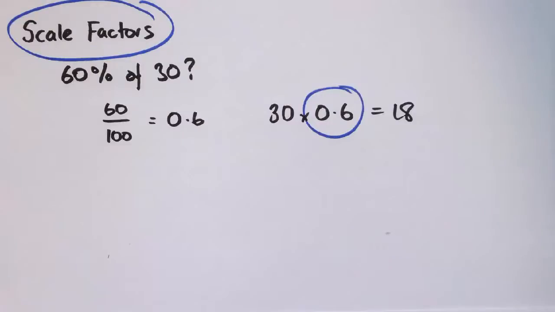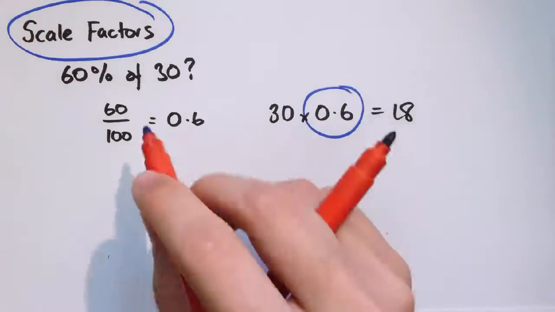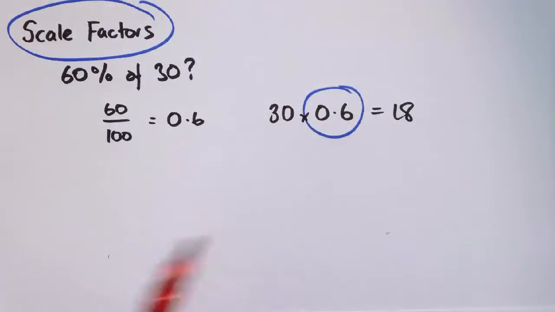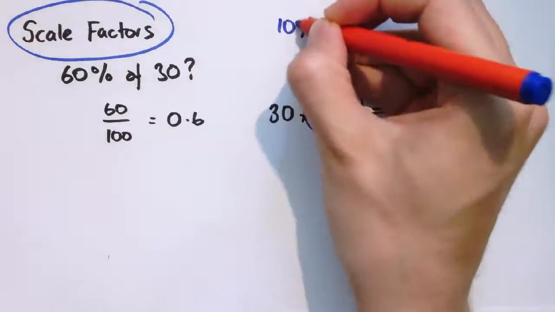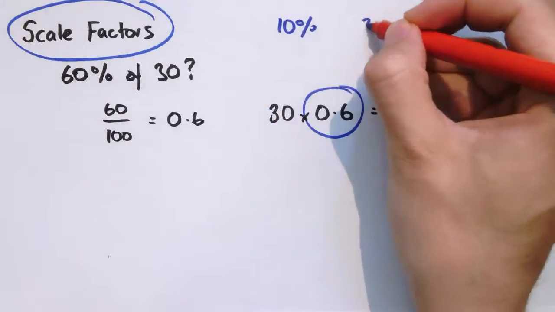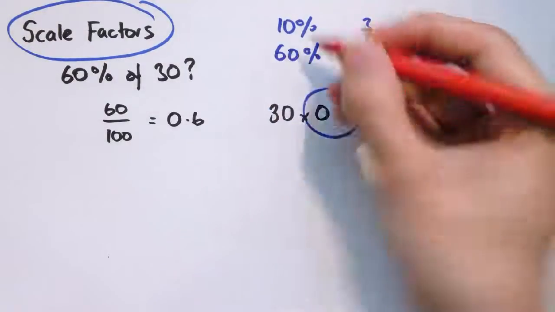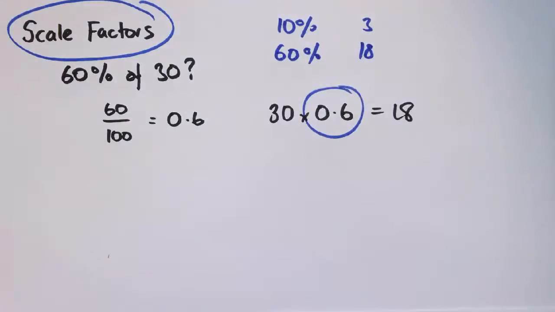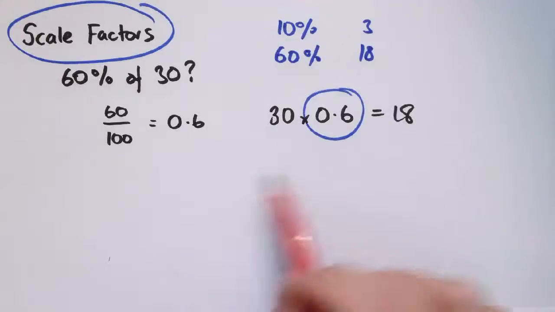Now you could have done this in other ways. You might have said, well, to get 60% of 30, 10% would be just equal to 3, so 60% is 6 times that, that's 18, that gets you there as well. But this method we're building up is going to be really very useful in harder examples.